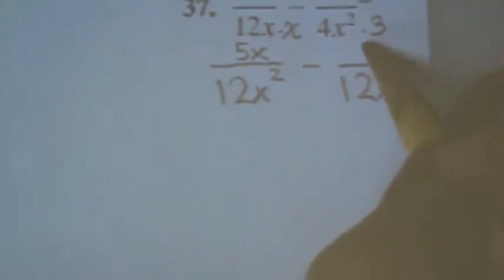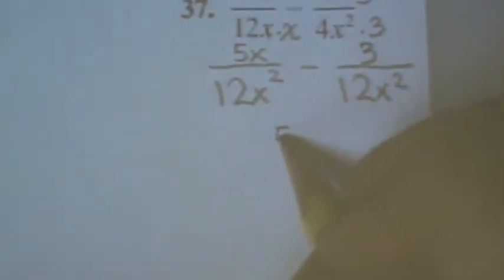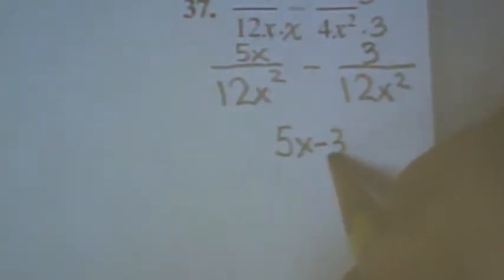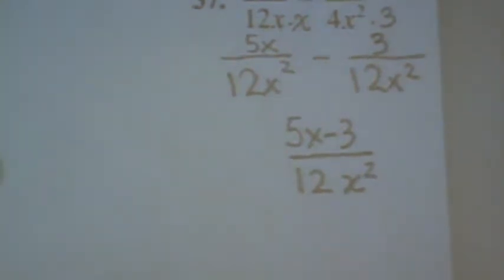What's 1 times 3? 3. Okay, then what? Add. What do you get? 1. Correct. Then combine them, and 12x squared on the bottom. So what can't x be? 0.